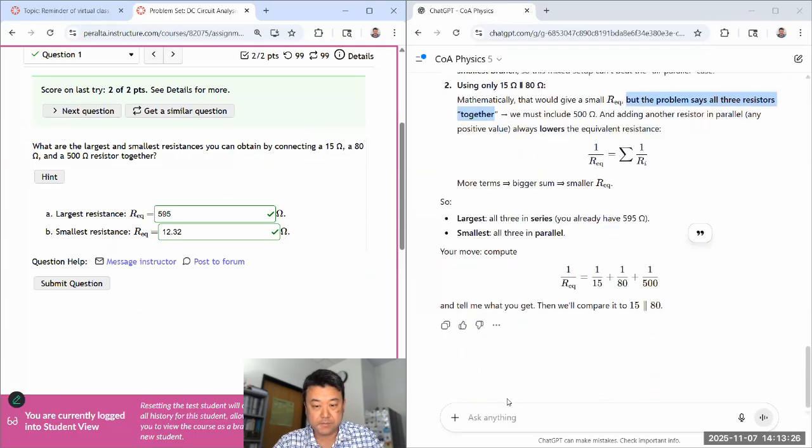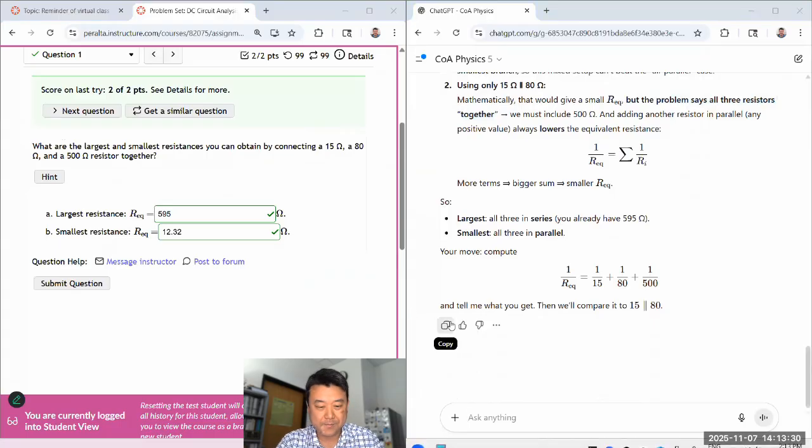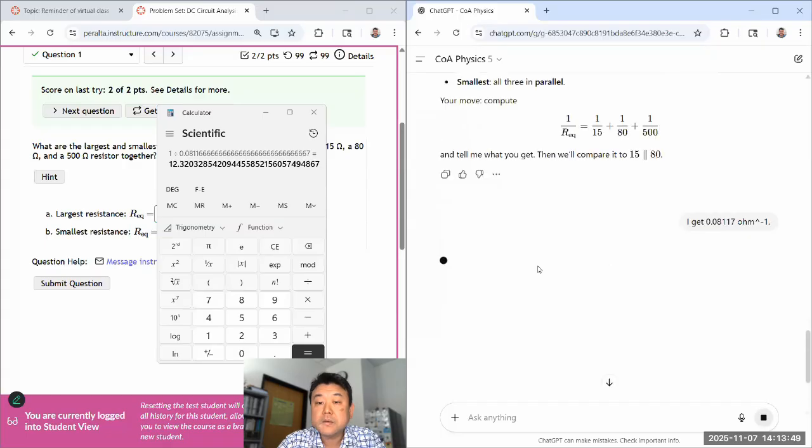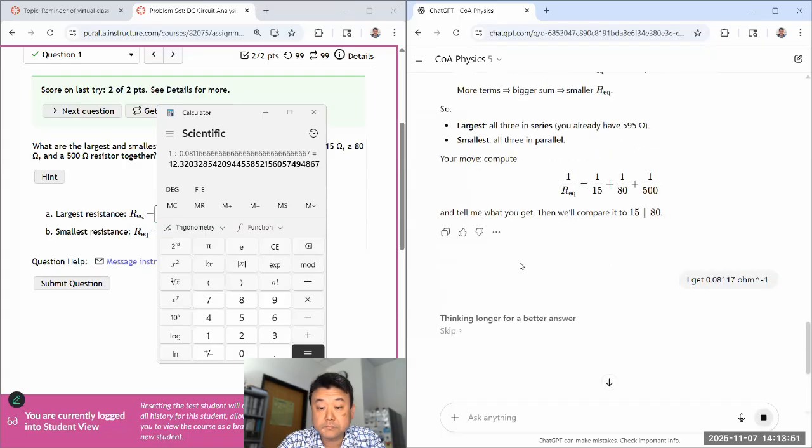Well, okay. Wait. Let's do that first, just so that I'm a cooperative conversation partner. So I think what they're asking for is this: I get 0.08117 ohm to the minus 1. I don't know why it's thinking longer.